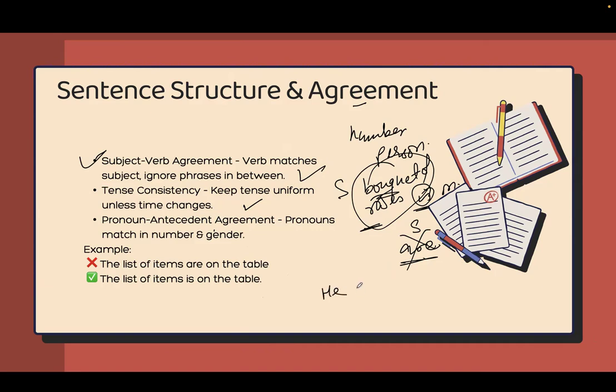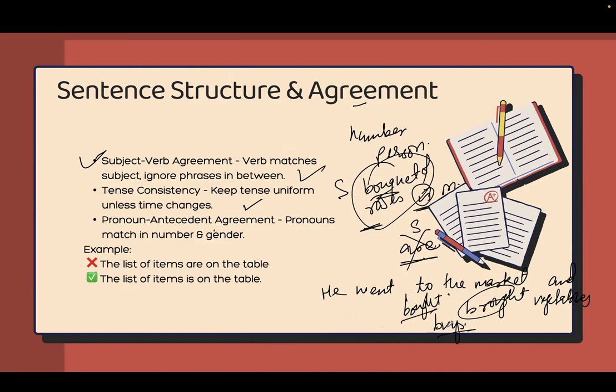The example can be: he went to the market and brought vegetables. That is correct. If I write he buys the vegetable, that will be incorrect. You can also write bought the vegetables instead of brought. That is correct. Because the time has changed, you also need to change the tense here.